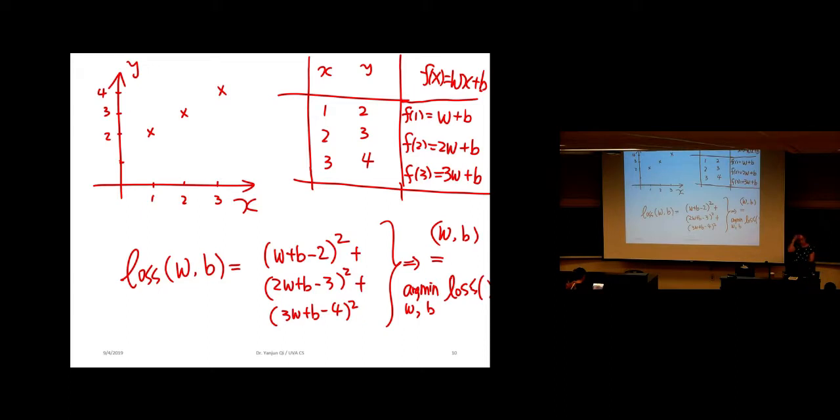I'm going to do that later. This is a perfect case because you can get a perfect line fitting the 3 points. But there are a lot of situations where you can't; there's no way.